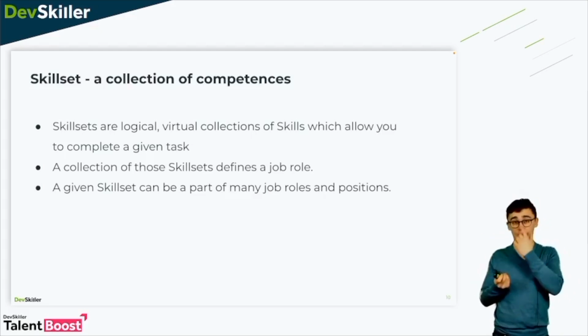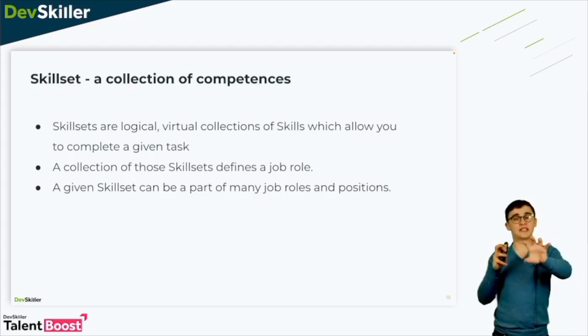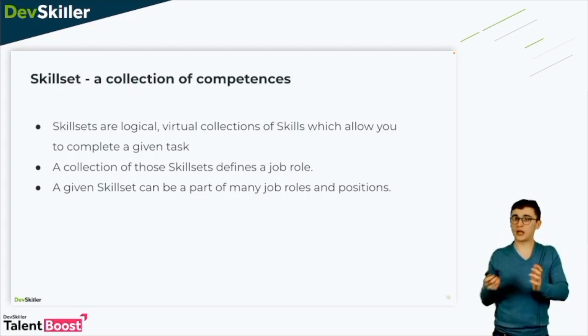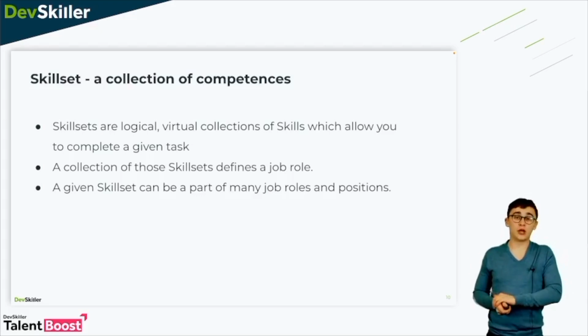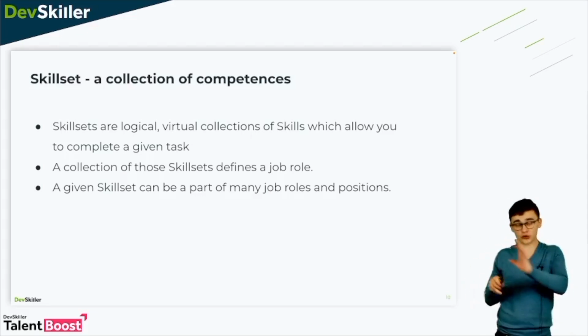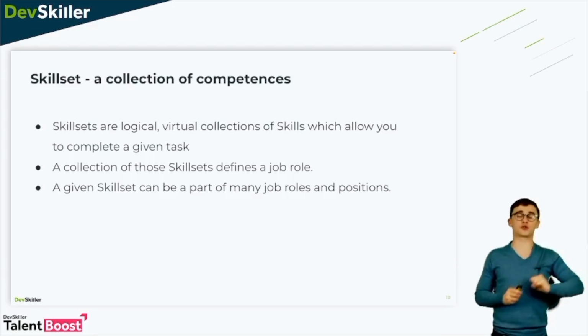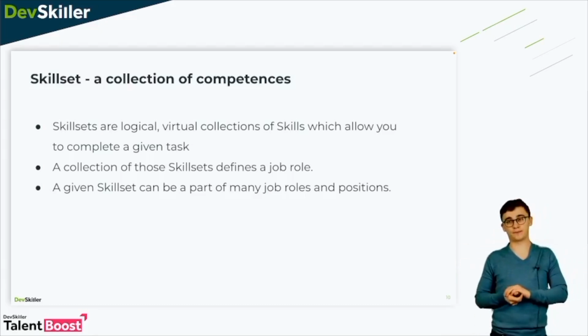For example, a given task might require you to know skills from different sub-areas or different groups. If we talk about some analysis of a problem, you might need SQL skills and maybe some log understanding skills, but also some soft skills to communicate those problems further down the line. So that would be a skill set.